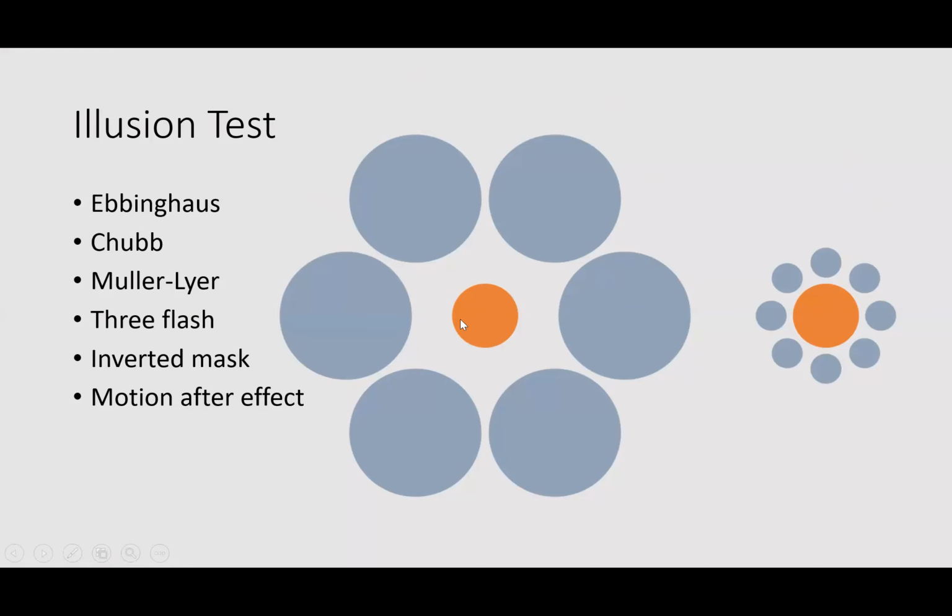Okay, so well, here's an example of the Ebbinghaus illusion. And you see that this and this circle look like they're different sizes, and that is not true. This illusion doesn't work as often in people with schizophrenia, and that is also true of, I think it was the Muller-Lyer illusion.